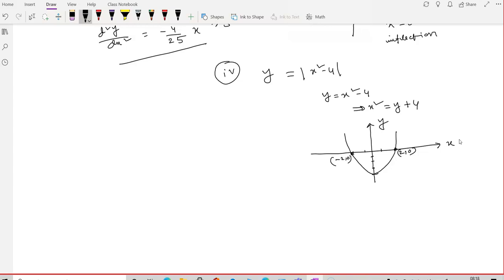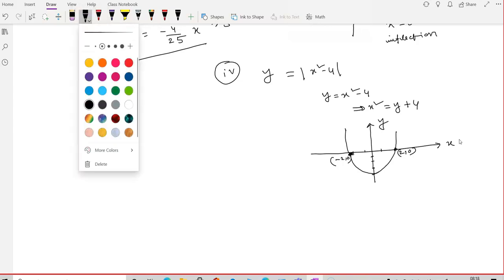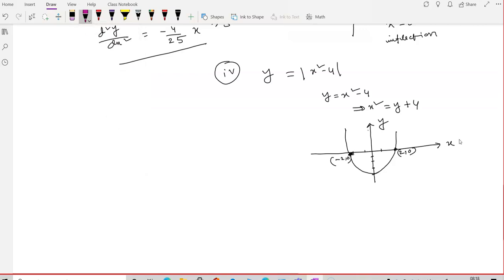Then what we'll do here, we will take the mirror image of this portion about the x-axis. I'm taking it separately, that's why. This point was 0, minus 4, and the image point is going to be 0, 4.